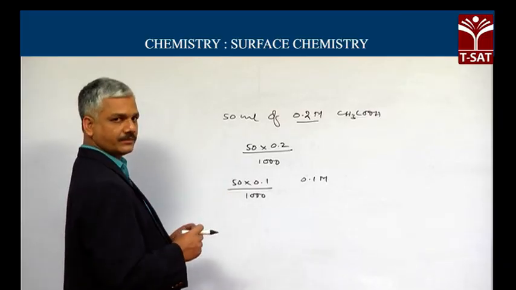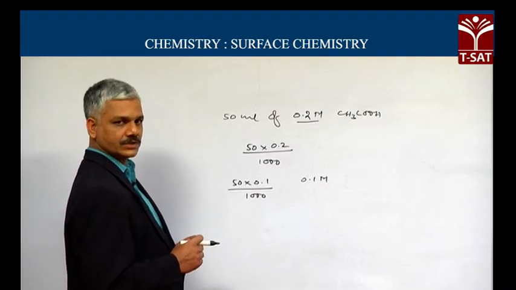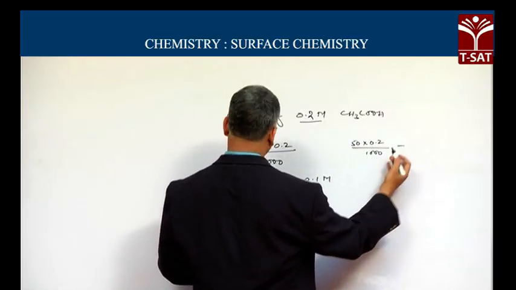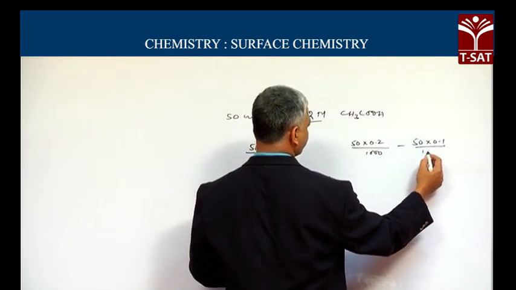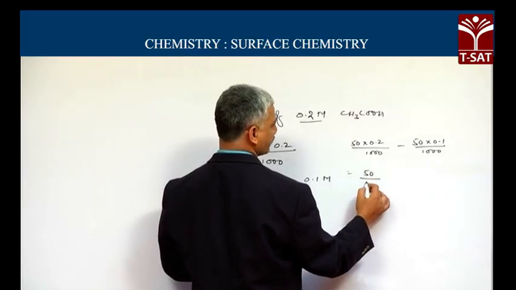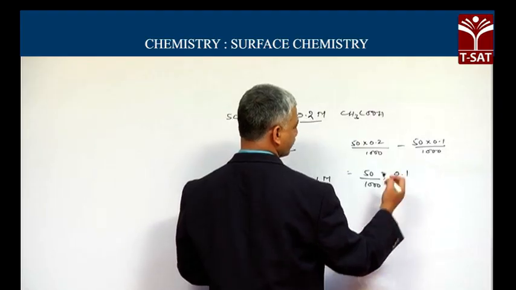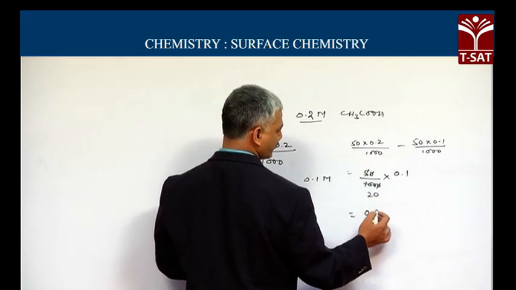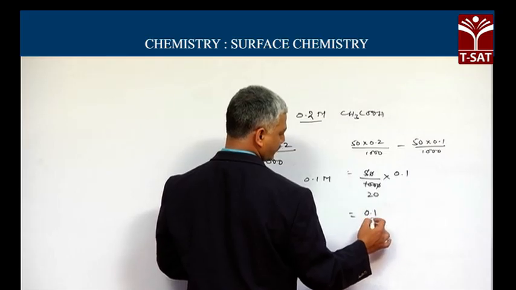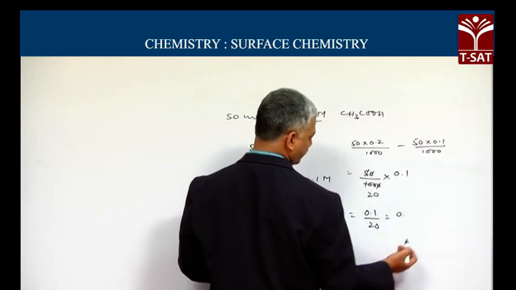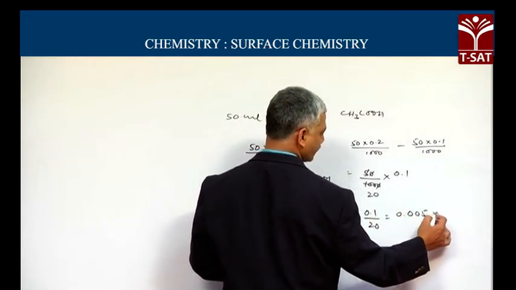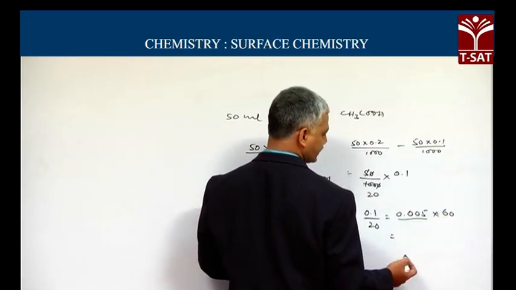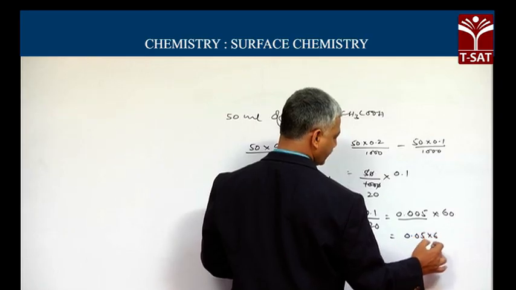That means the difference in number of moles have been adsorbed on the surface of charcoal. The difference is 0.005 moles.